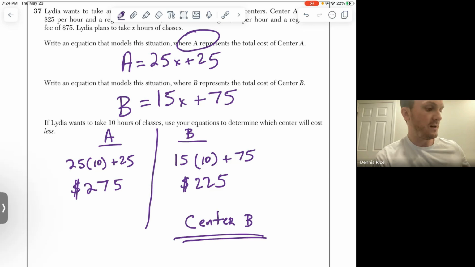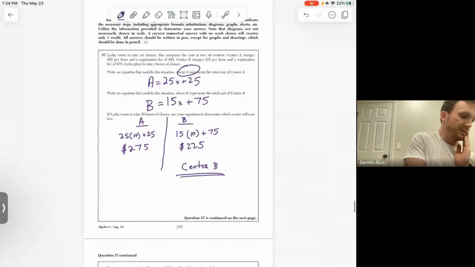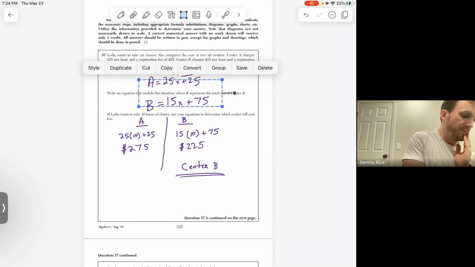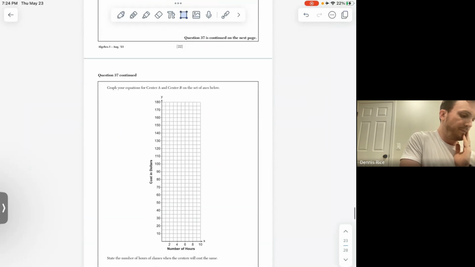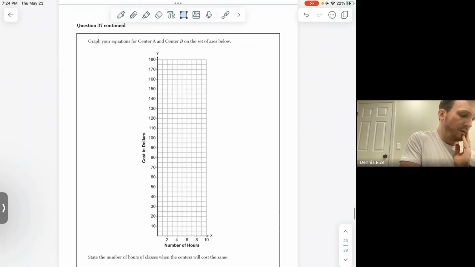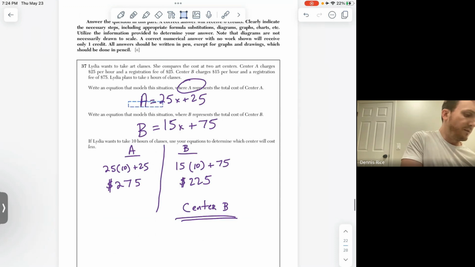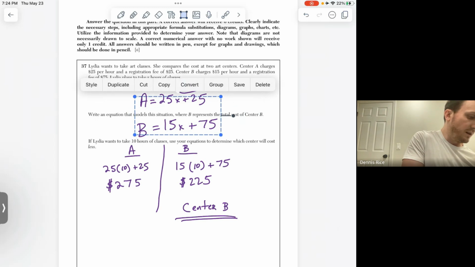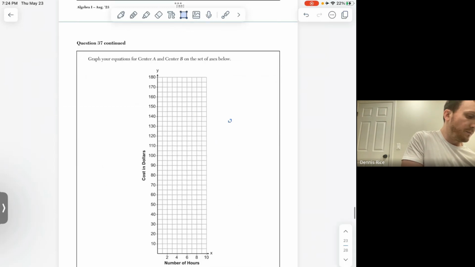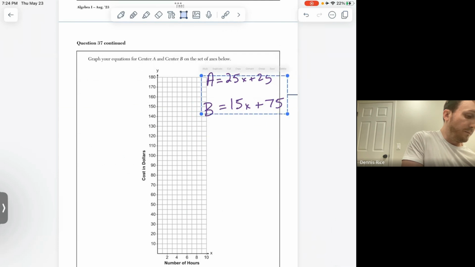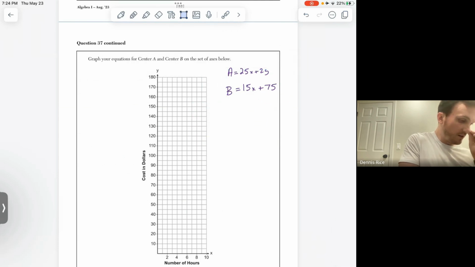We are then graphing this though. If you look at the next page, I'm going to pull these down here. Now, whenever you're graphing situations like this, M and B are probably not a great idea.